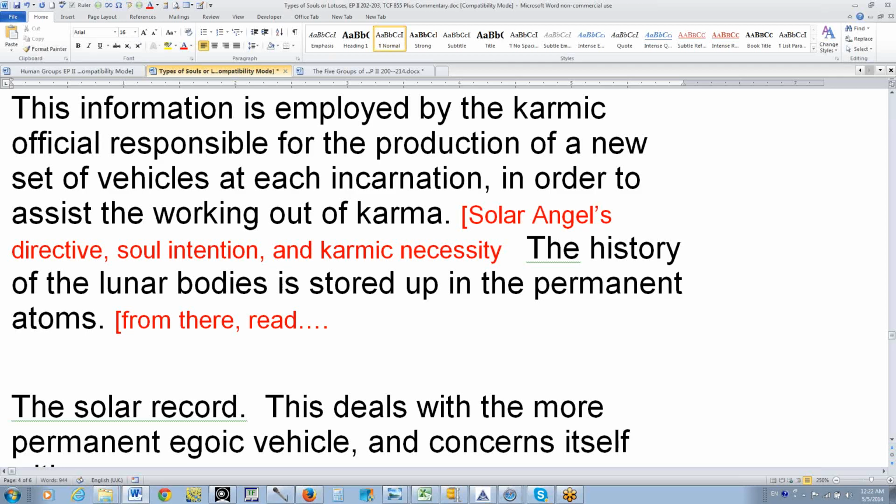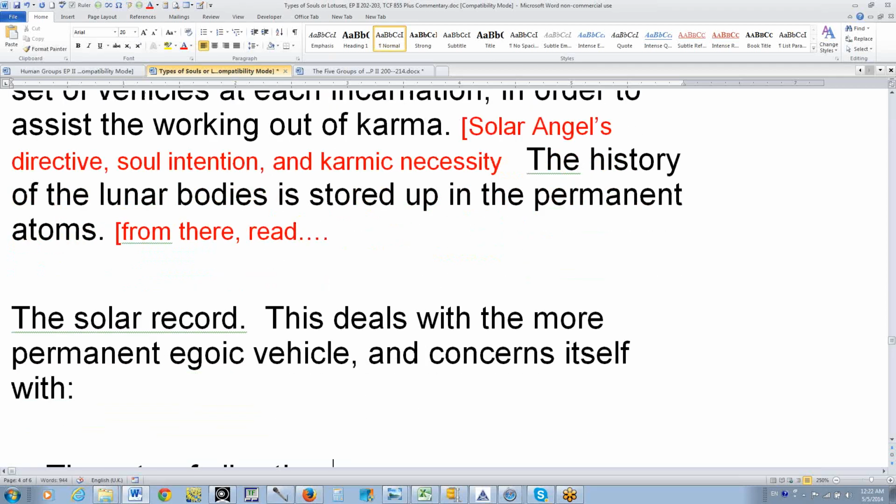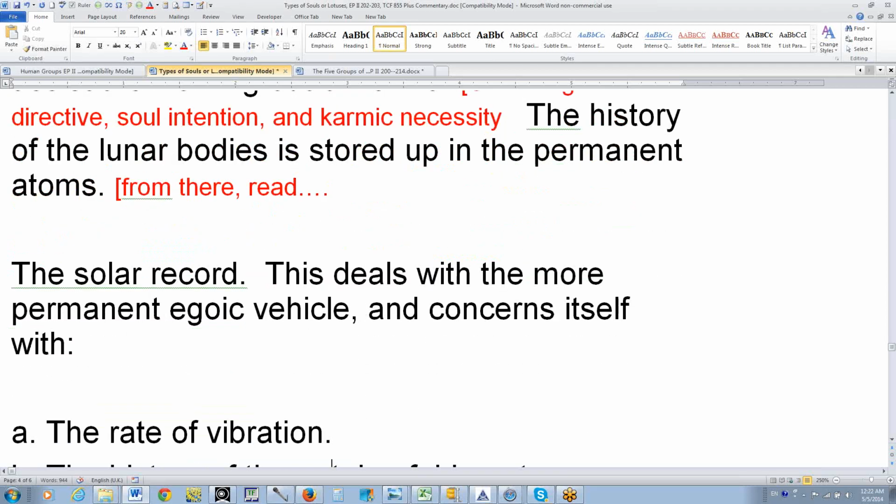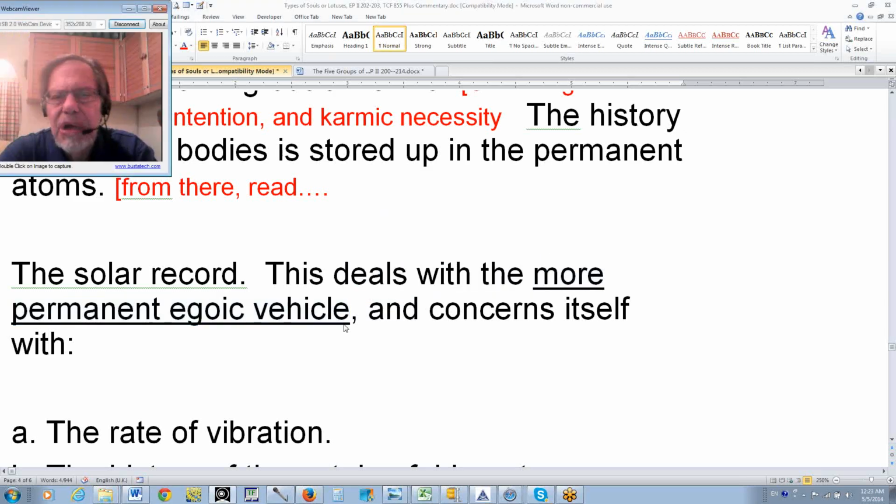Read. There's also the solar record, and this deals with the more permanent egoic vehicle. And notice that it's just simply more permanent because this vehicle of the monad is also temporary, but of much greater and longer duration.